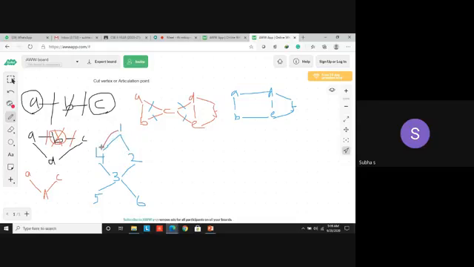In pink I am marking the DFS order. From 1 I go to 4. Then from 4, there is only one adjacent vertex, that is 3. From 3 there are 2 adjacent vertices, 5 and 6. Either I can choose 5 or 6. Here I have chosen 5.